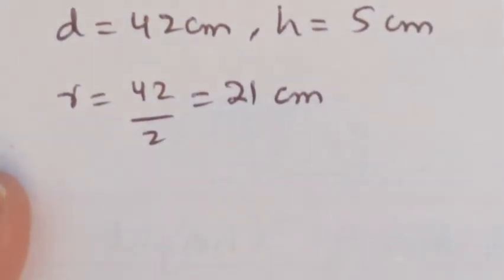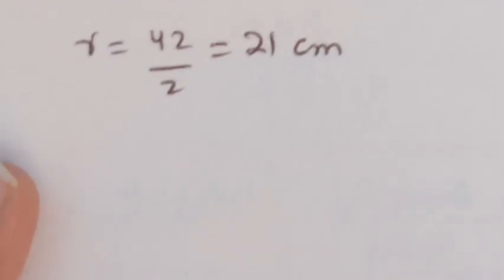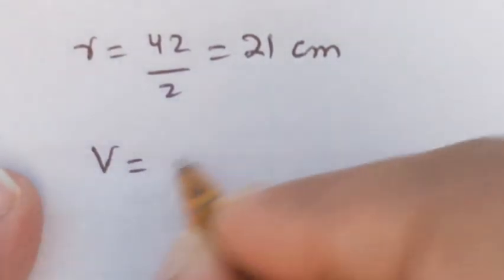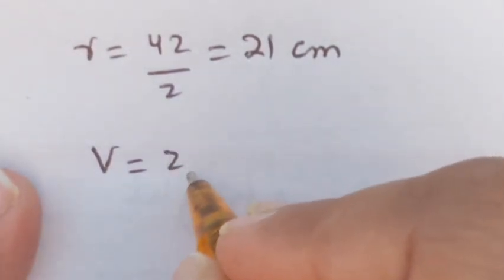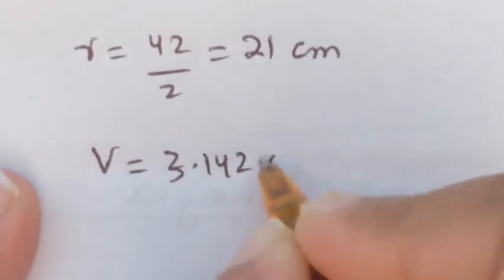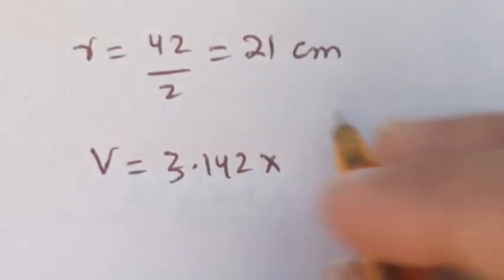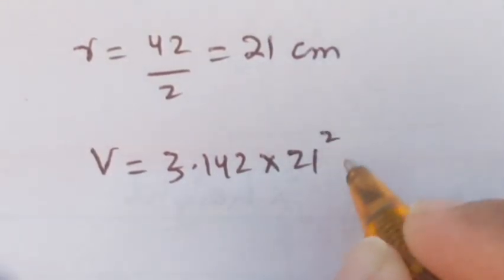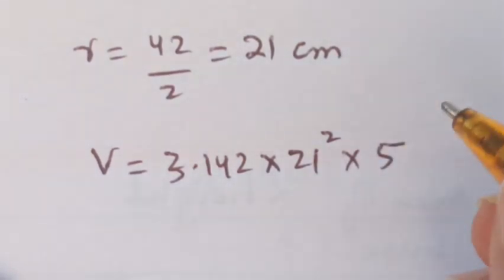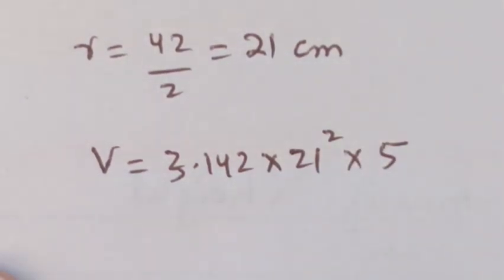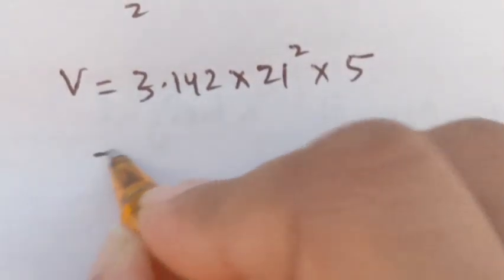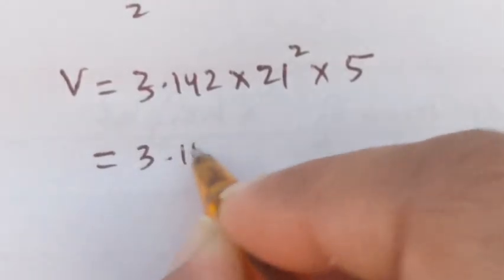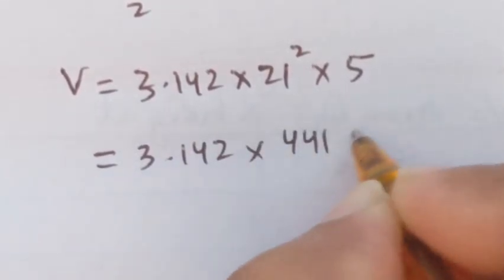And now using 21 centimeters and a height of 5 centimeters, we will use the formula pi r square h, that is 3.142 multiplied by 21 square multiplied by 5, right? First we will find the square of 21, which is 441.